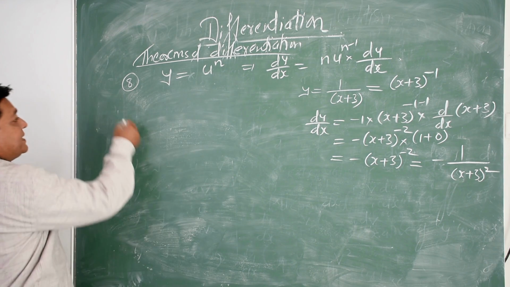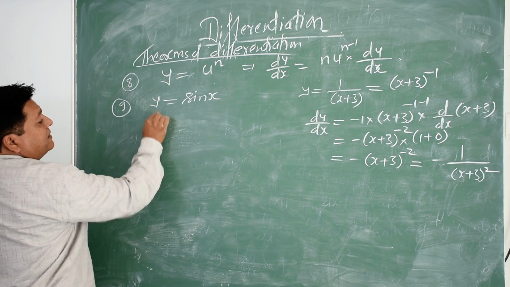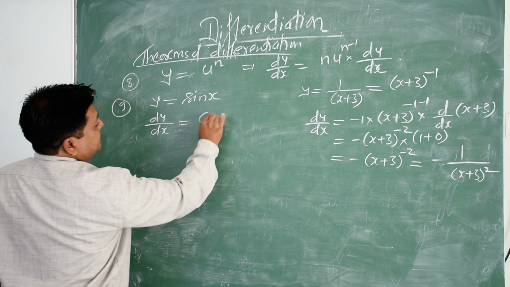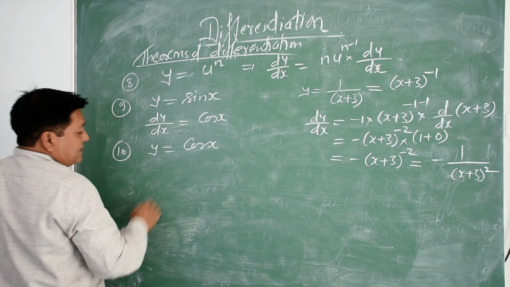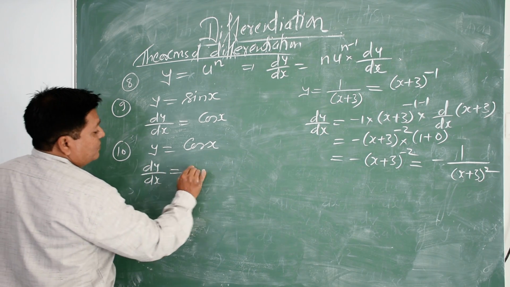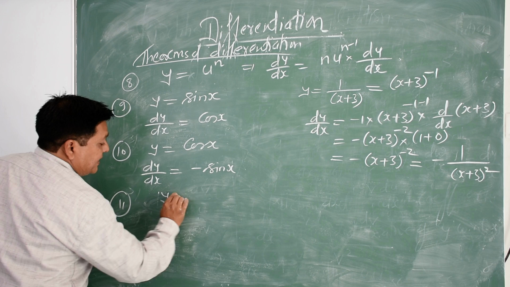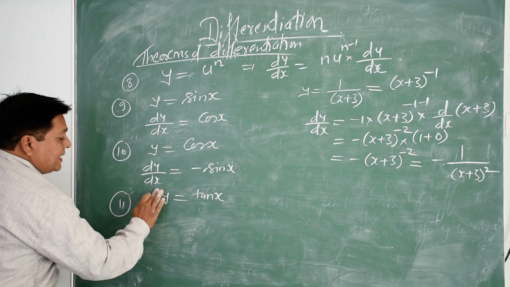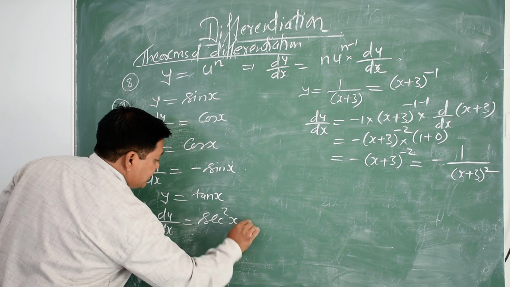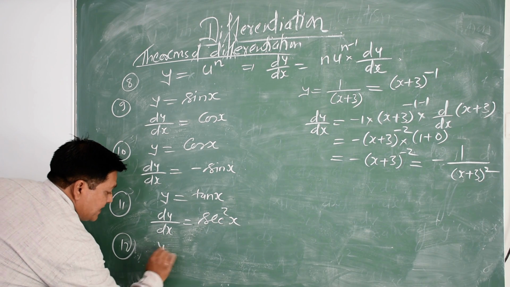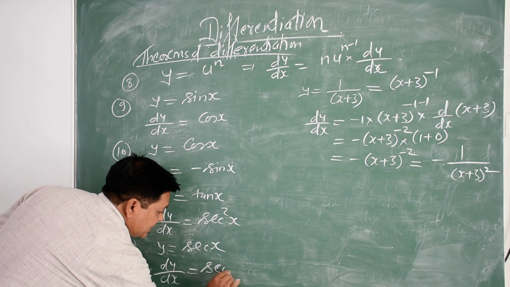Trigonometric functions, let us take 9th one. If y is equal to sin x, then dy by dx of sin x will become cos x. 10th one, if y is equal to cos x, then dy by dx of cos x is equal to minus sin x. 11th, if y is equal to tan x, then dy by dx of tan x is equal to sec square x. 12, if y is equal to sec x, then dy by dx of sec x is equal to sec x tan x.